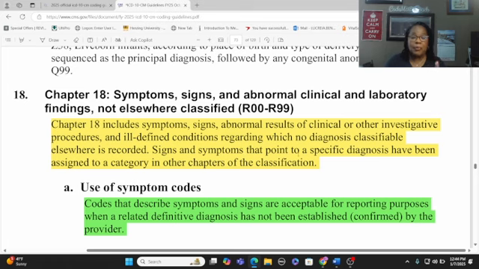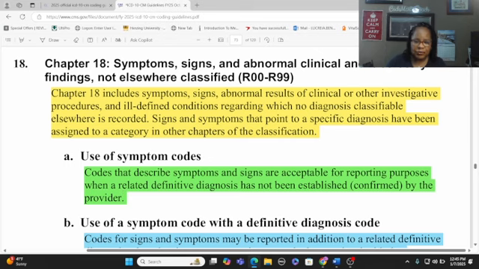Signs and symptoms that point to a specific diagnosis have been assigned to a category in other chapters of the classification. So again, it's just saying, if the signs and symptoms point to a definitive diagnosis, then code that definitive diagnosis.